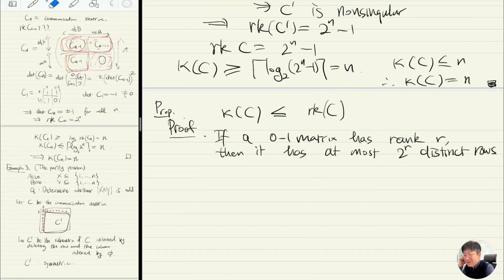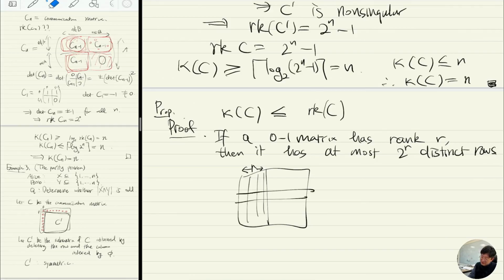Why? If you have rank R, there are R columns which span every other column. That means whenever you look at these R entries in each row, they determine the other entries. And these R entries have at most 2 to the R values, because it's a 0-1 vector. So the entries in the R columns, corresponding to a particular fixed basis, will determine the whole row vector, and there are 2 to the R possible values.